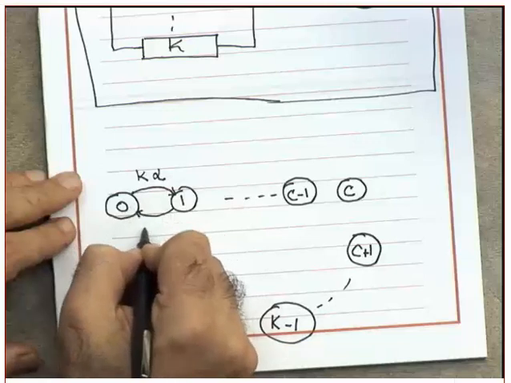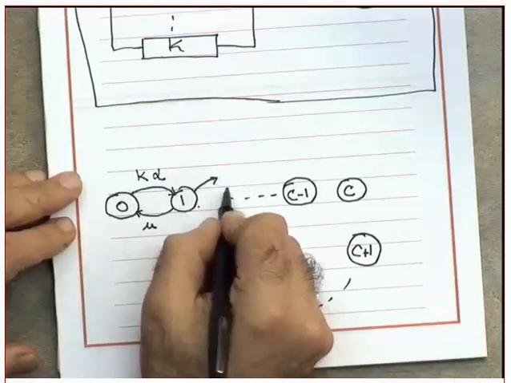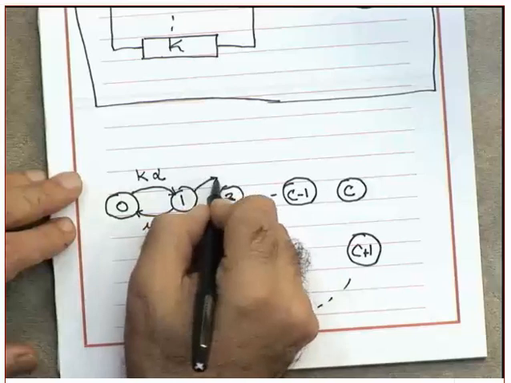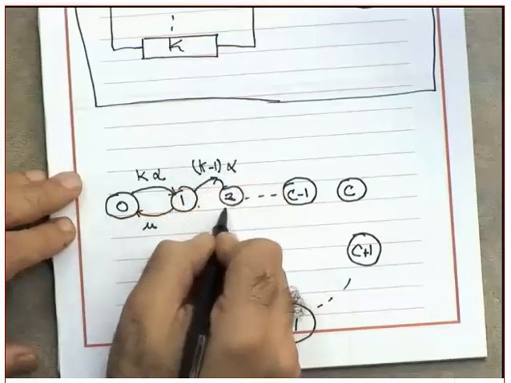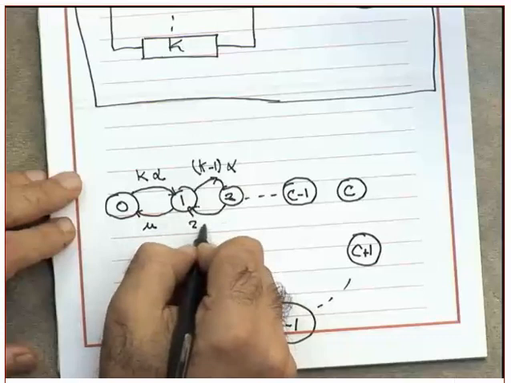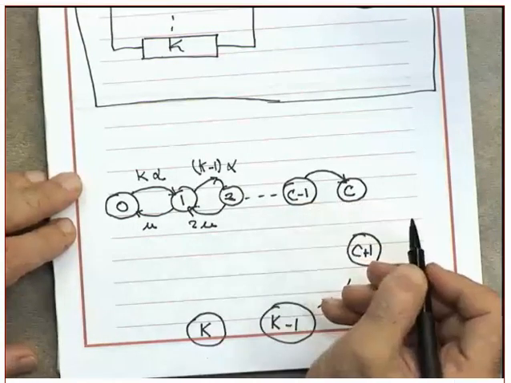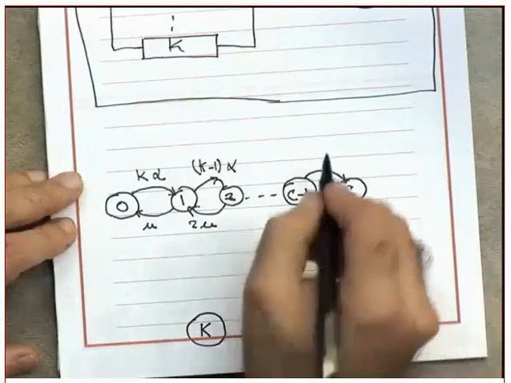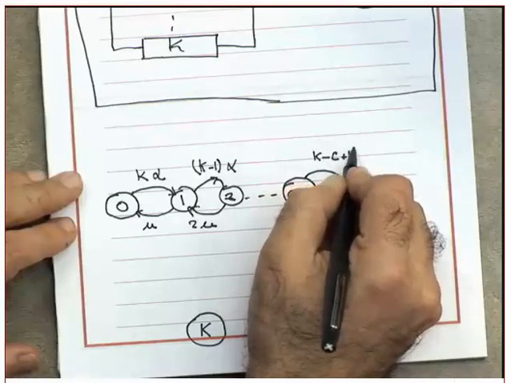Help me. K. Help me. 2 mu. Help me. No. K minus C plus 1.